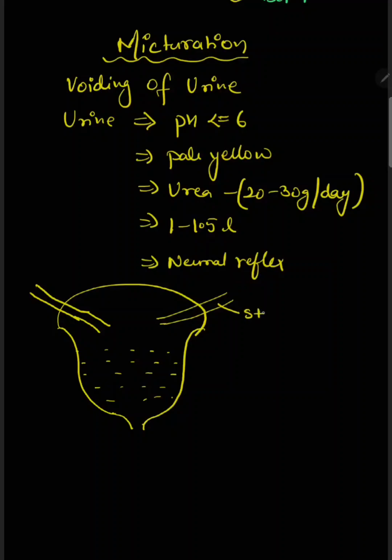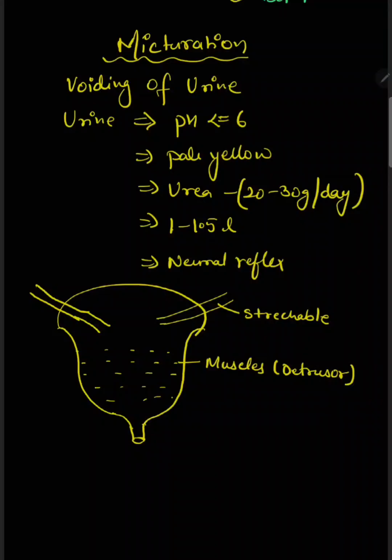They are stretchable, they allow stretching. And here also in the urinary bladder, certain muscles are present called detrusor muscle. Now, this detrusor muscle is smooth muscle. Okay, it is involuntary.